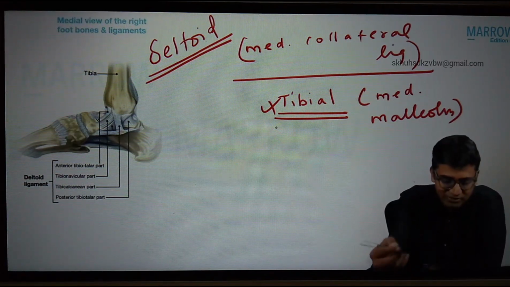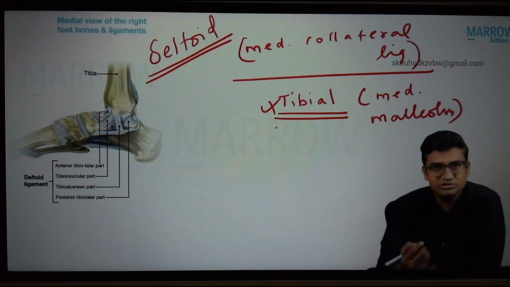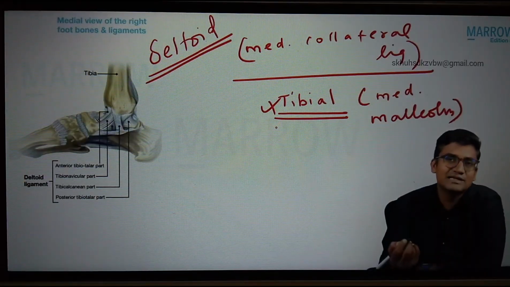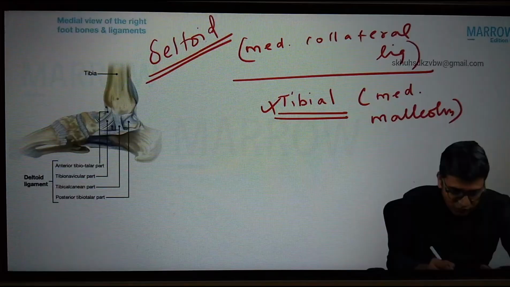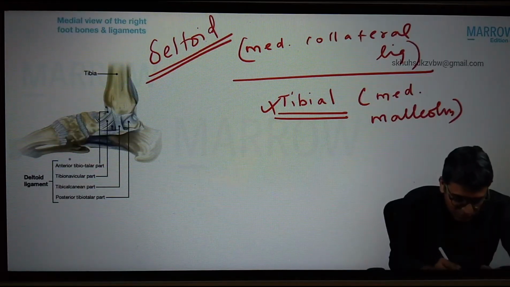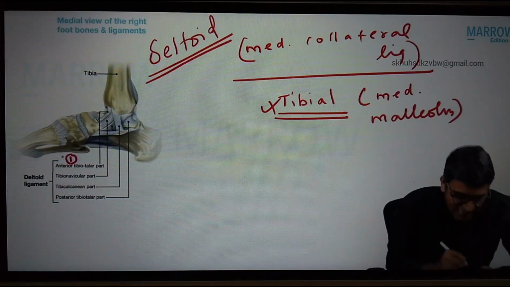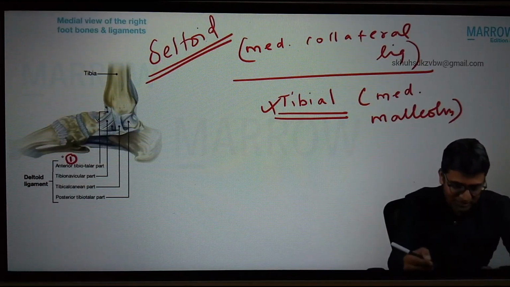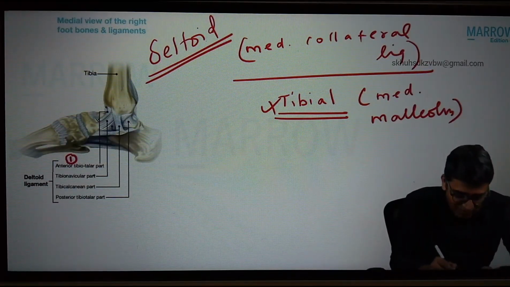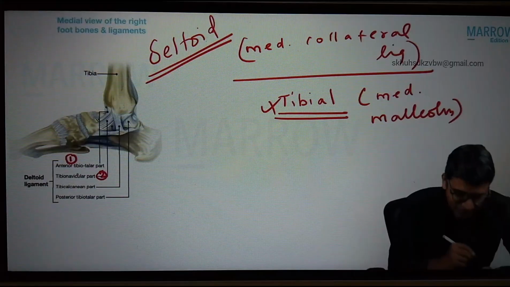Now they should start from tibia and come to the lower bones: talus bone, calcaneum bone and navicular bone. So what are the parts of deltoid ligament? From the tibia to the anterior part of talus, anterior tibiotalar. From the tibia bone to the navicular bone, tibionavicular.